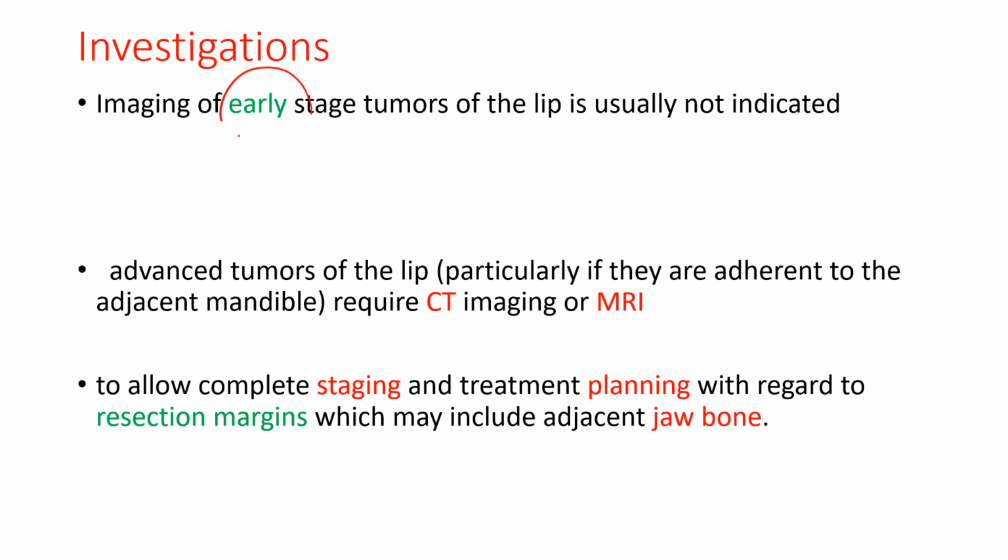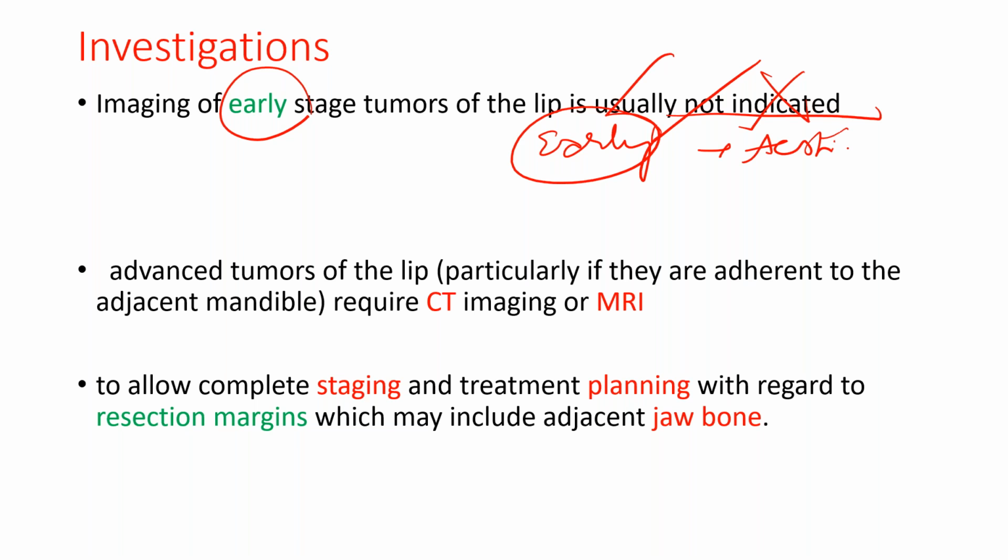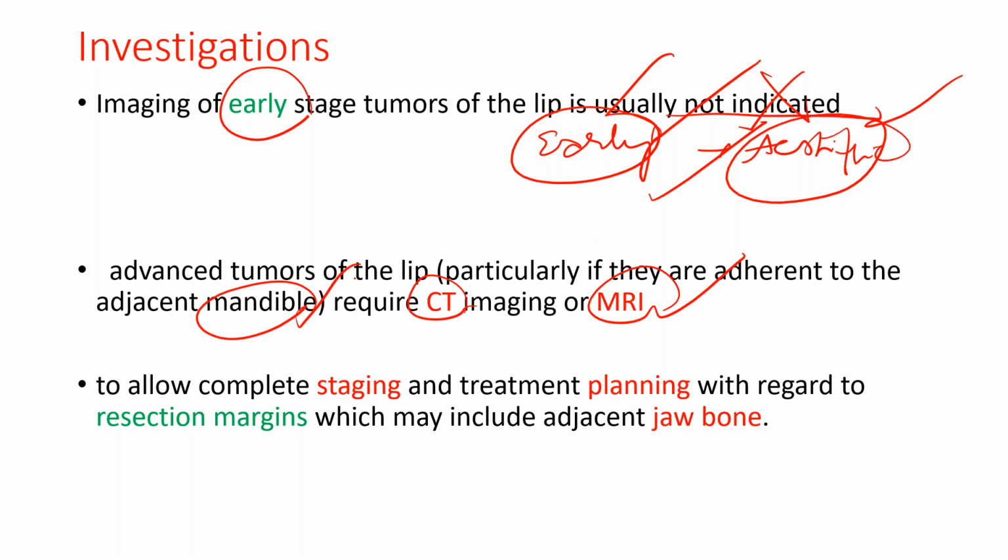What are the investigations you want to do? Early stage tumors are directly seen, and they present early to the doctor because lips are related to aesthetic sense. Particularly if bone is involved, CT and MRI can be done for the mandible. It helps in staging and planning whether you have to do a mandibulectomy or maxillectomy.